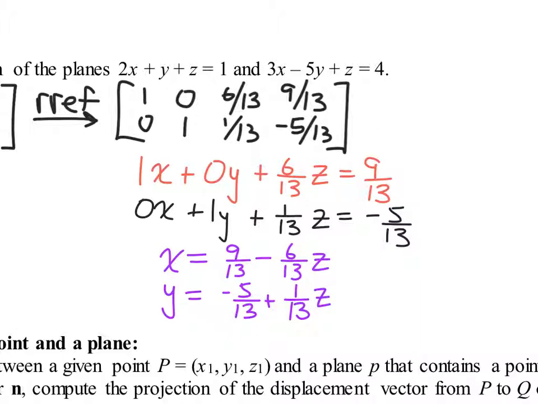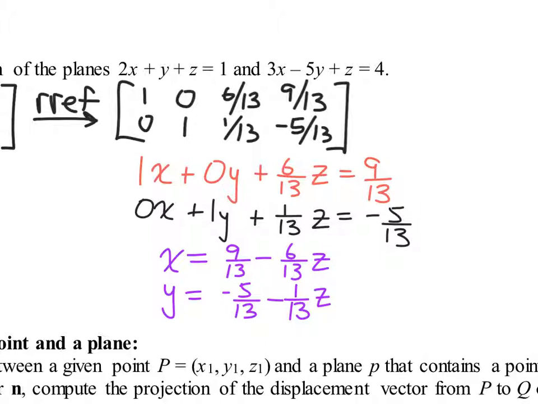All right. So then the question would be, okay, well, what's z equal to? Well, it can't be equal to nothing, right? It's got to be equal to something.